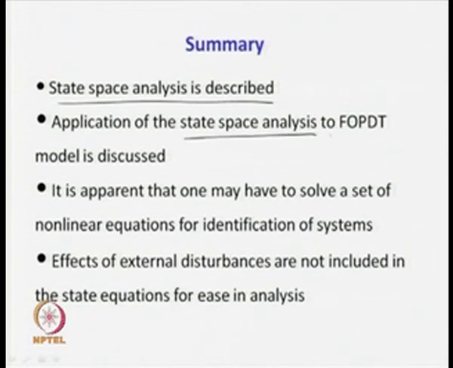When the state space analysis of a system has been extended to a first order plus dead time model, we have seen that we can establish a relationship between the parameters of the model and the output we get from the system under relay control. Also, it is apparent that one may have to solve a set of nonlinear equations for identification of systems.